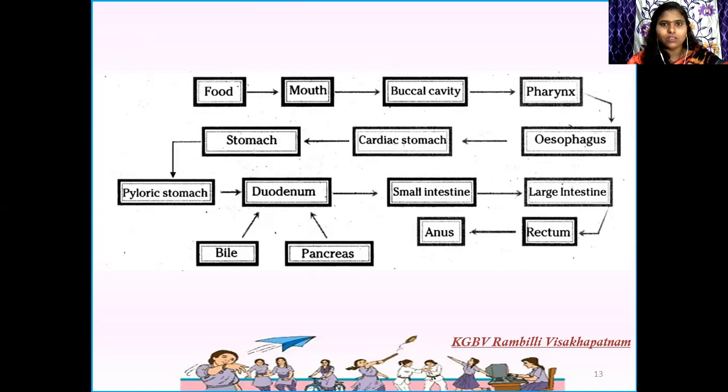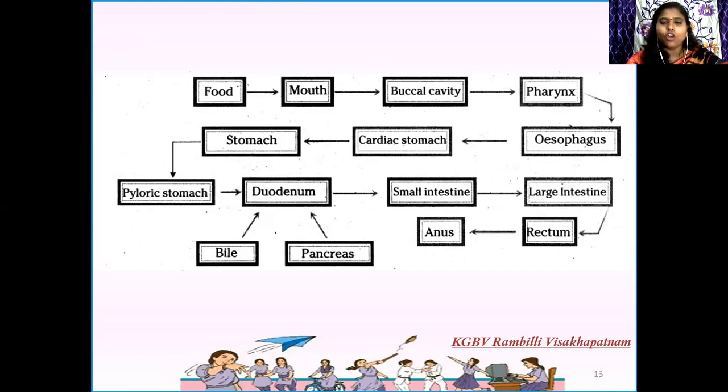After that, food goes to the small intestine. In this digestion process, a series of actions are going on here. Next, it goes to the small intestine, then the large intestine.